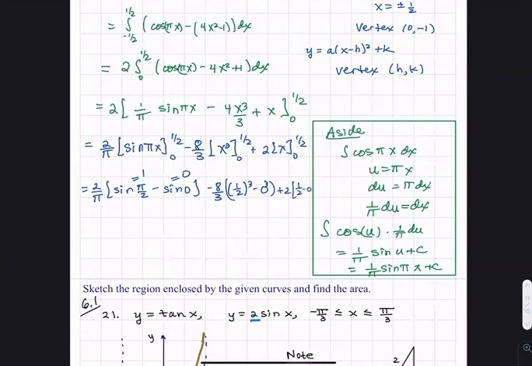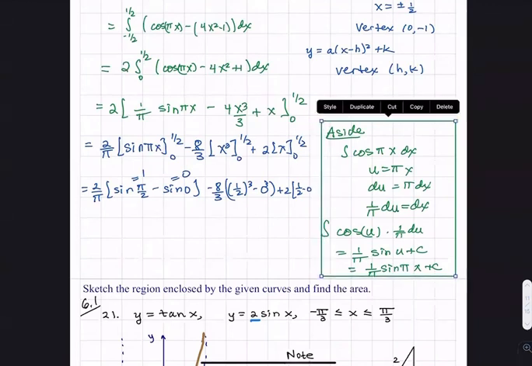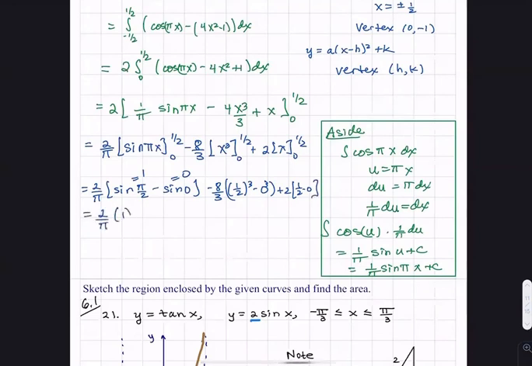My aside work got in the way. So this makes 2 over pi times 1, minus 8/3 times 1/8, plus 2 times 1/2 is 1. So this makes 2 over pi minus 1/3 plus 1. So this makes 2 over pi plus 2/3.